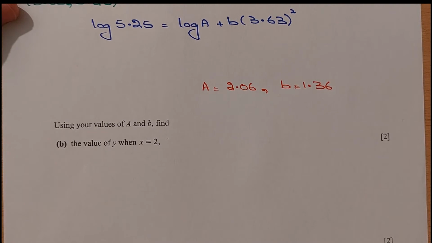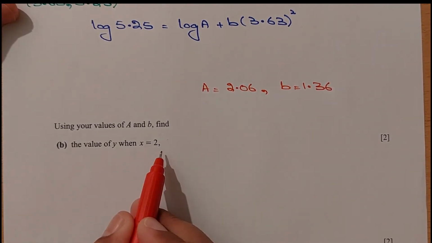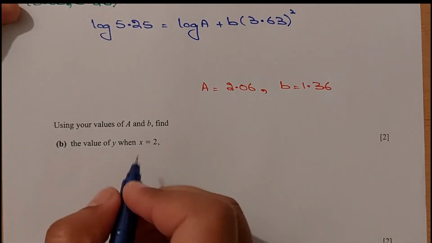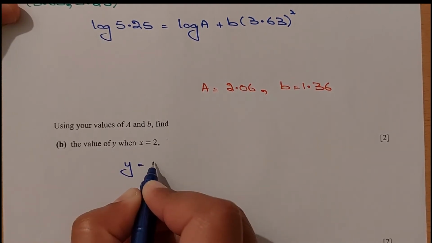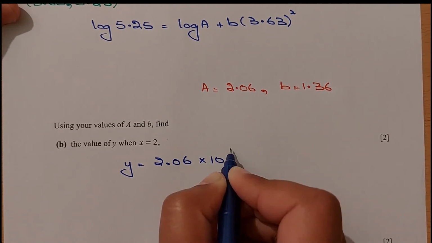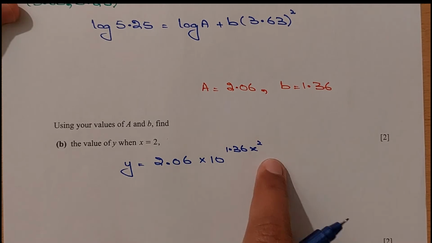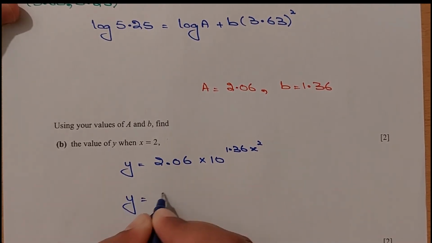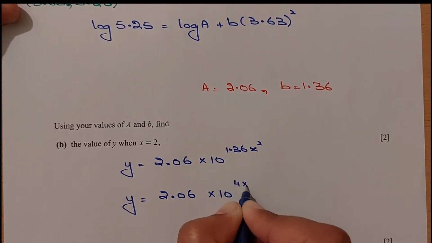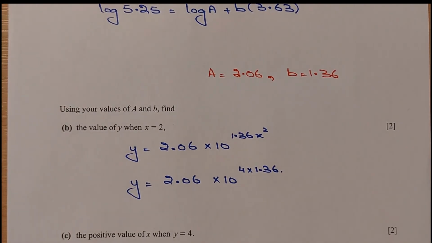Using your values of a and b, find in part b the value of y when x equals 2. So we have this a and this b value. Substituting into the equation, we have y equals a, that is 2.06, times 10 exponent bx square, that is 1.36 x square. So when x equals 2, what is y? y equals 2.06 times 10 exponent 4 times 1.36, because x squared is 4 when x is 2.